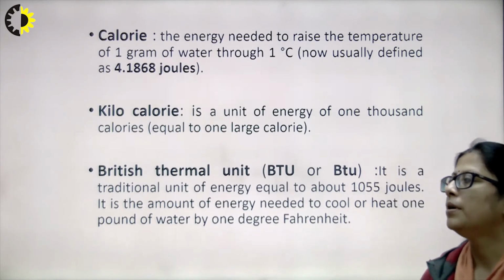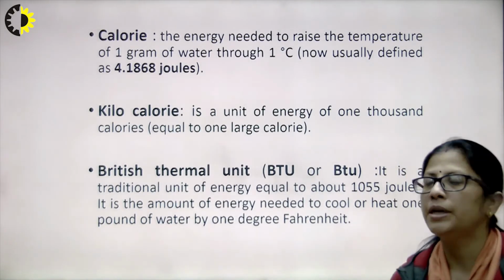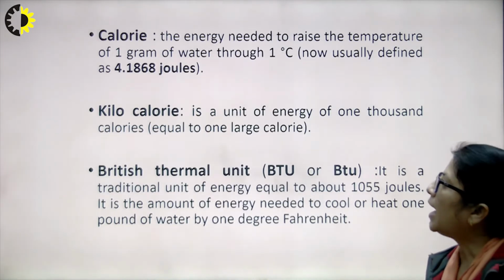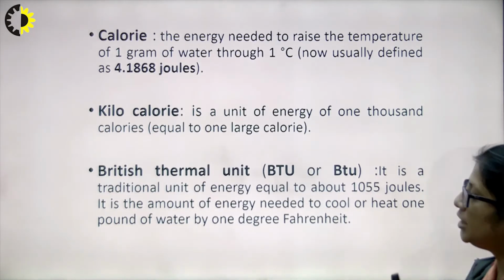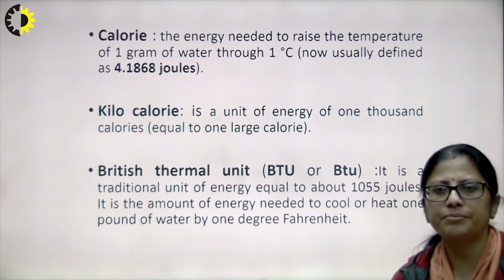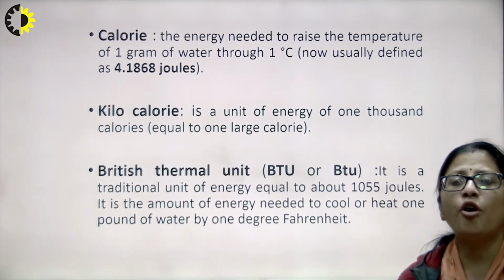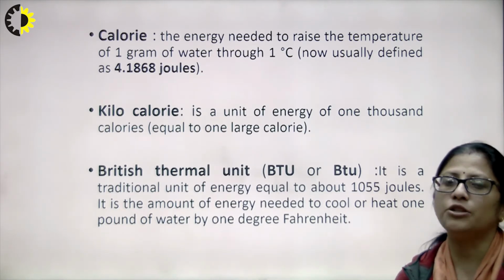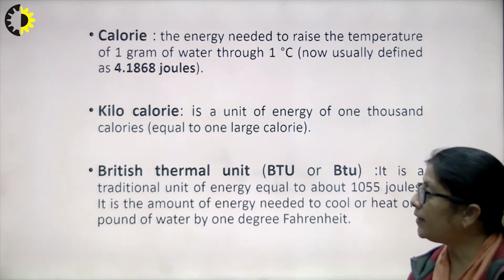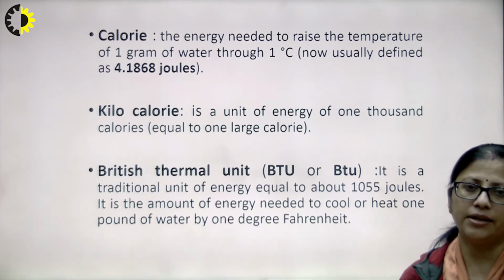Now, we have different units for the calorific value. The calorie is defined as the energy needed to raise the temperature of 1 gram of water through 1 degree centigrade, and it is generally 4.1868 joules. Kilocalorie is a unit of energy of 1000 calories.